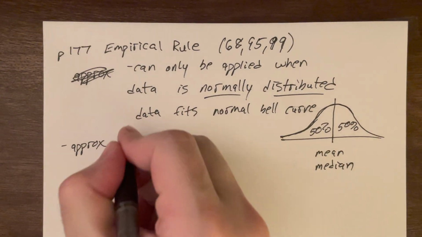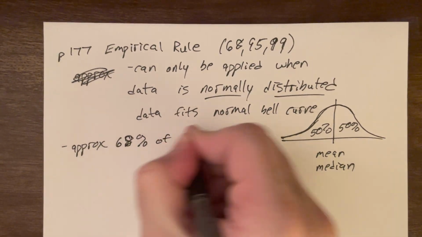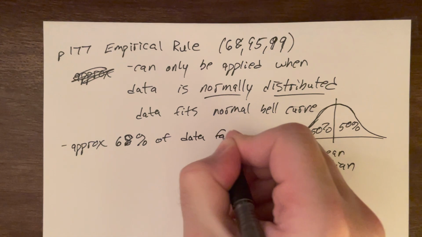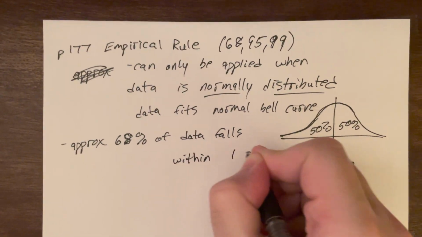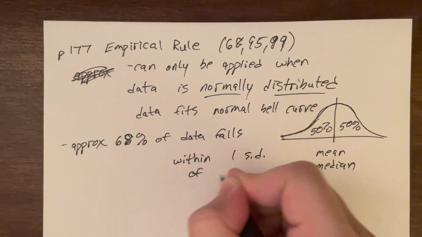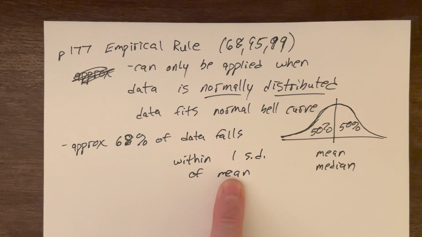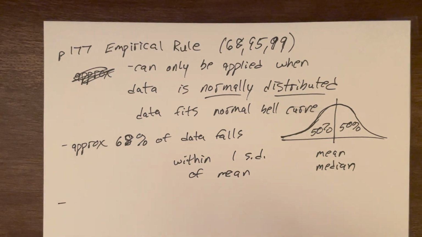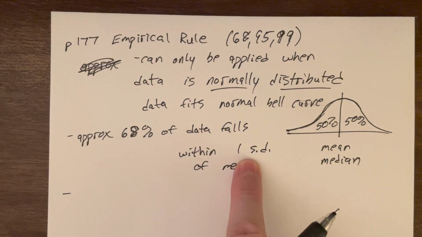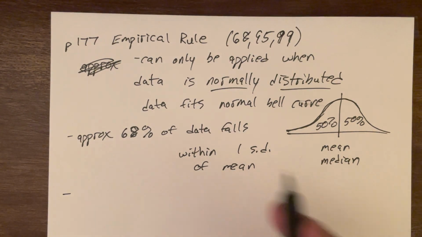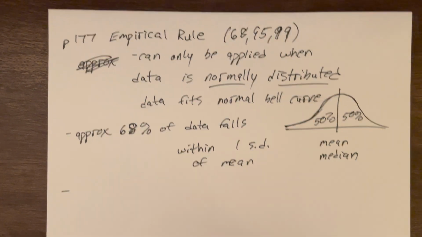And then we get approximately 68% of the data falls within one standard deviation of the mean. And then the second part. This is all going to sound basically the same. It's just we go how many standard deviations and we go to the next percent. 68% if you're only one standard deviation away from the mean.